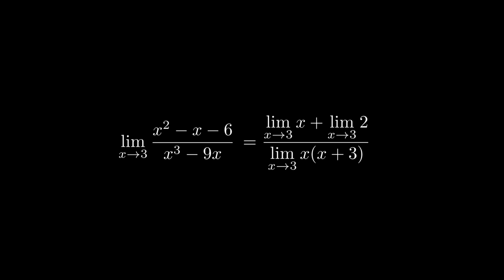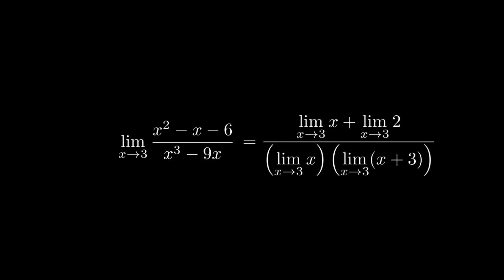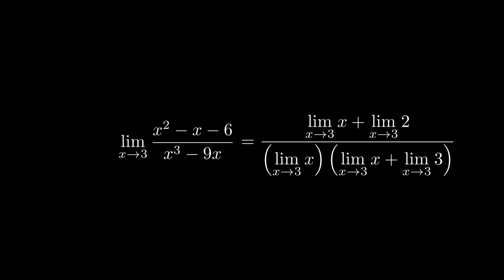On the denominator, we have a product, and the limit distributes across that product as well to give us the limit as x goes to 3 of x times the limit as x goes to 3 of the quantity x plus 3. The second term in the denominator is again a polynomial, and so that'll distribute once more, which will give us on the bottom the limit as x goes to 3 of x times the quantity, the limit as x goes to 3 of x, plus the limit as x goes to 3 of 3.